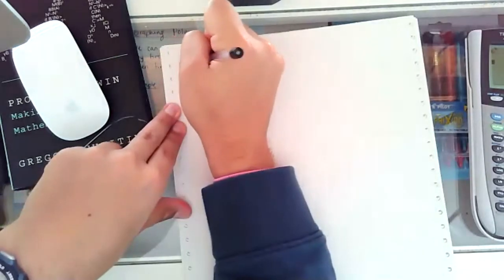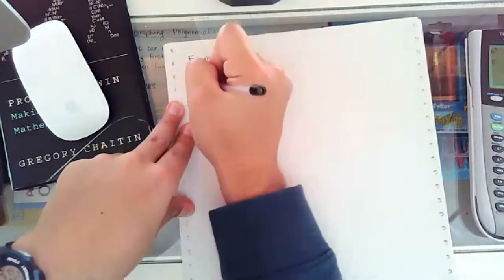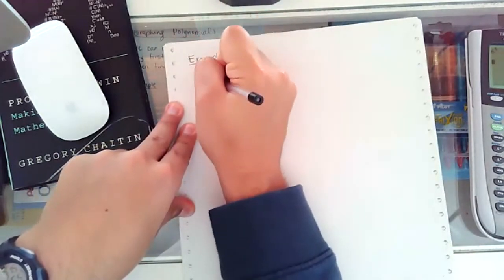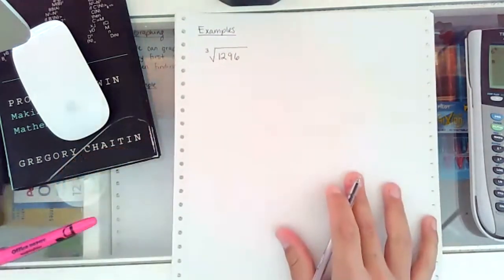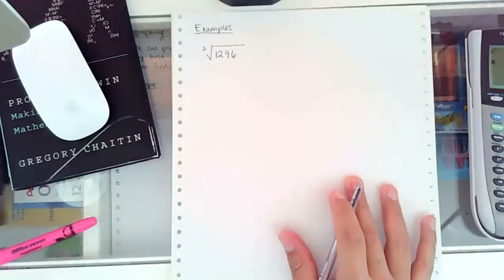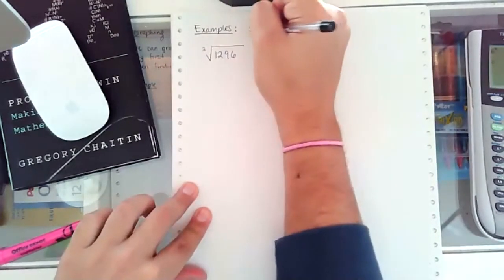So some more examples. What if we wanted to look at the cube root of 1296, and we wanted to simplify this expression?